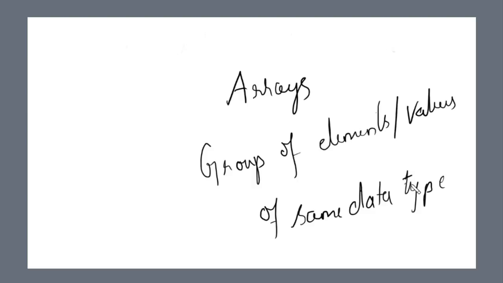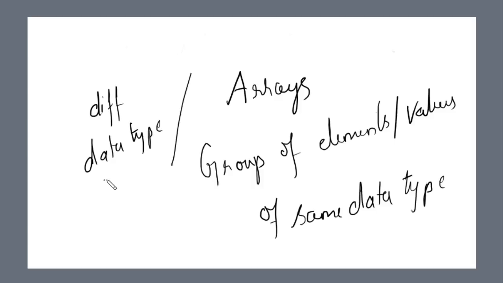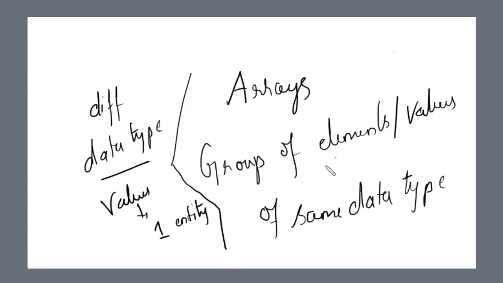Fine. So what if I want to do a program where I have a group of values, or a set of values, with different data types? When I have different data types and all those values are grouped into one entity, in this case we cannot use arrays, because the definition of arrays goes like this: a group of values of the same data type.